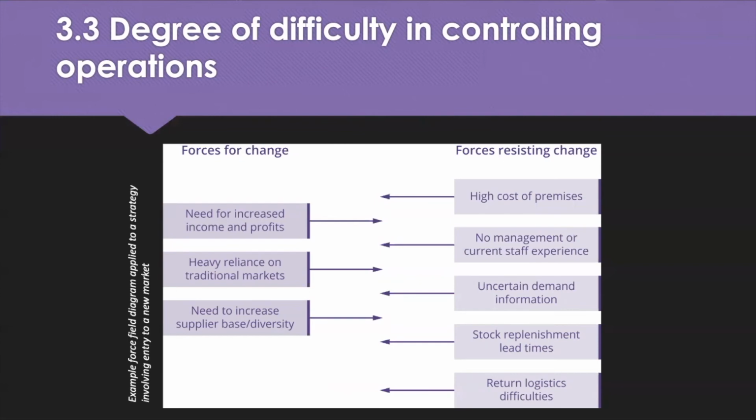The force field diagram that you can see on the screen was created by Kurt Lewin, and that can be used to simplify complex and interrelated situations. So there are factors that positively influence and promote the changes that are needed, and factors that are negatively influencing, resisting, or suggesting that change isn't necessary.